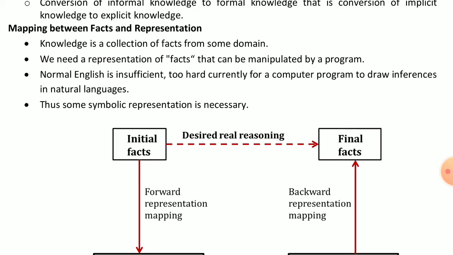How can we represent the facts? It means we can make some program. Then we know what a fact is and how we can represent the facts. Here one example is given. Normal English is insufficient.